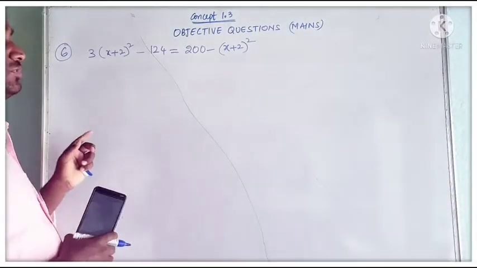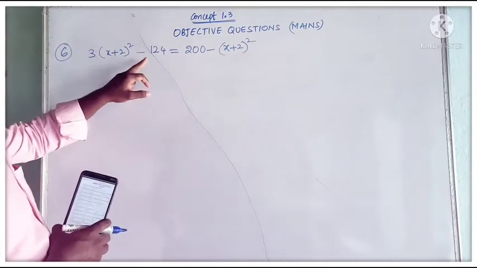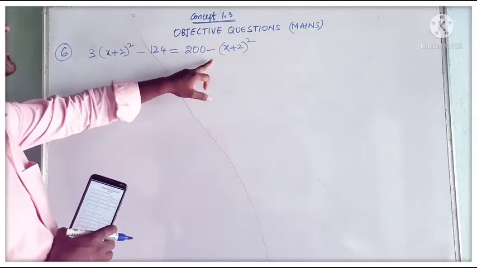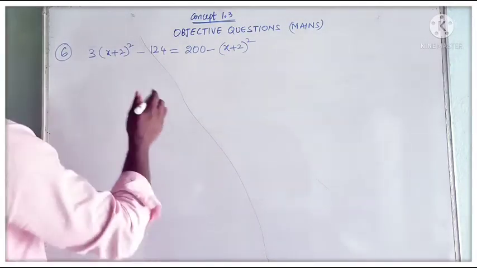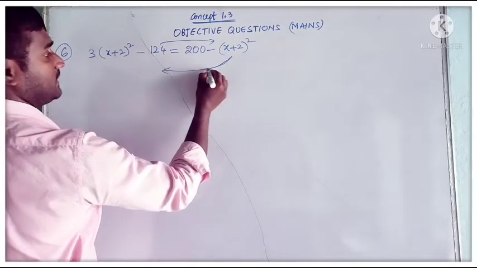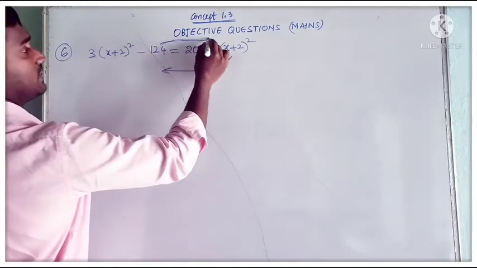Now I am going to discuss with you the 6th question. If (3x + 2)² − 124 = 200 − (x + 2)², then find the x value. Now I am transposing this (x + 2)² to the left side, and this 124 to the right side.